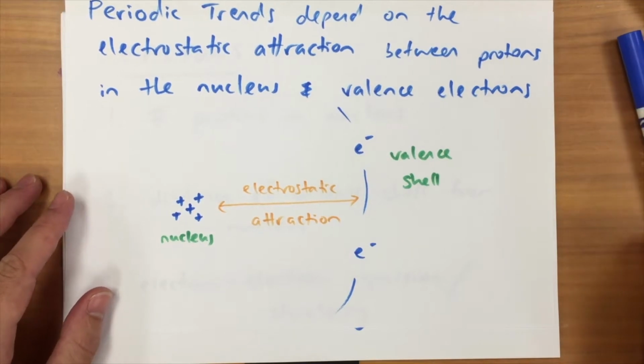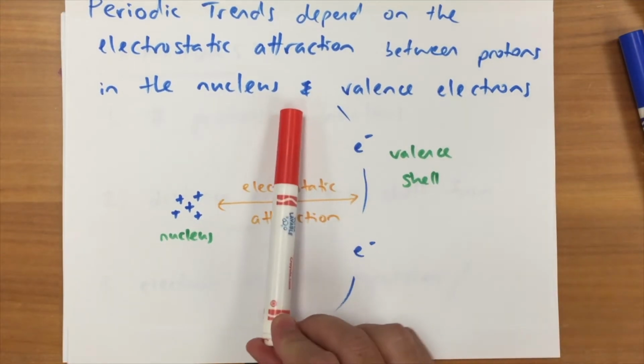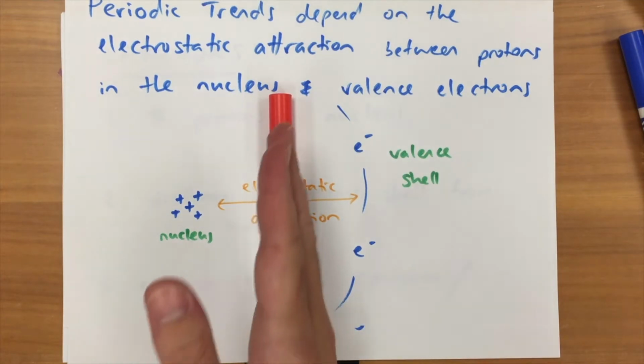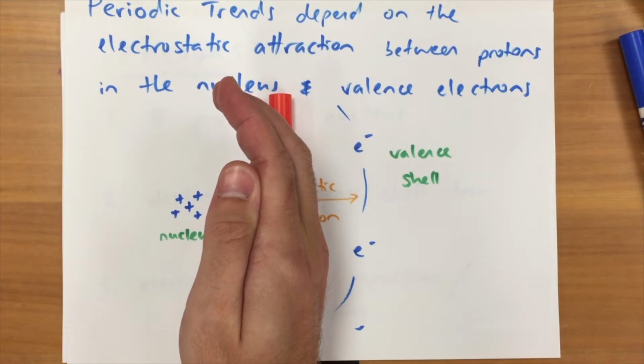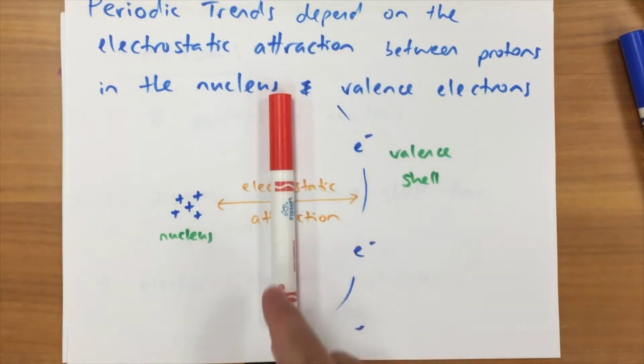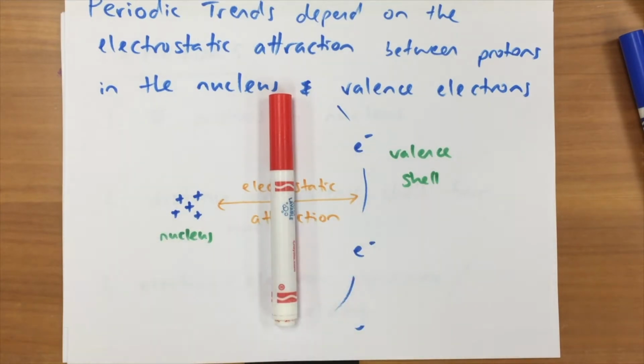The idea of shielding is that if I have a full inner shell, say there, so this might be an atom that's got a full first energy level and the valence electrons are in the second energy level, that full inner shell blocks some of the attraction between the nucleus and the valence shell. That idea is called shielding.